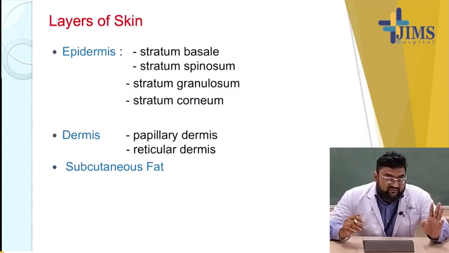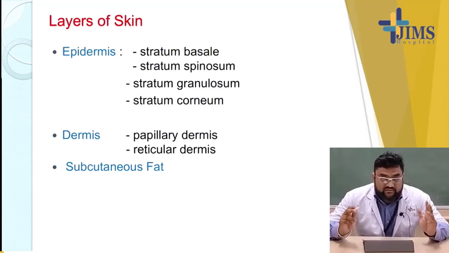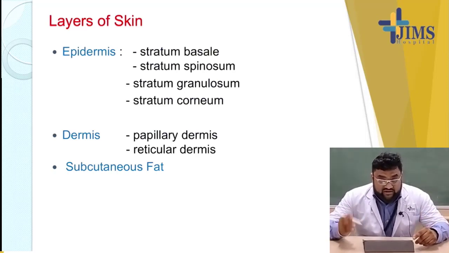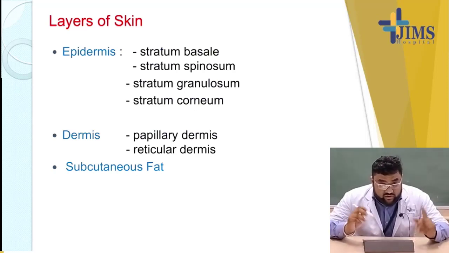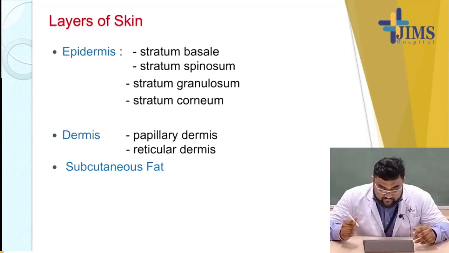we have three layers of the skin, that is epidermis, dermis and the subcutaneous fat. Most important for us will be the epidermis, and we'll discuss that in detail. We have 5 layers in the epidermis: stratum basale, stratum lucidum, which is only found in the palms and soles, stratum spinosum, stratum granulosum and stratum corneum.